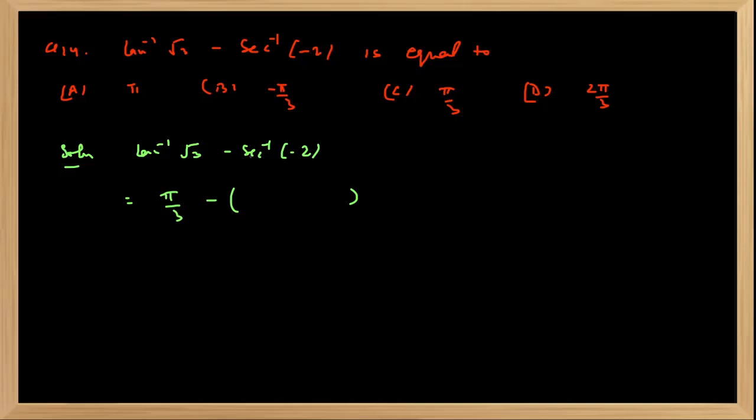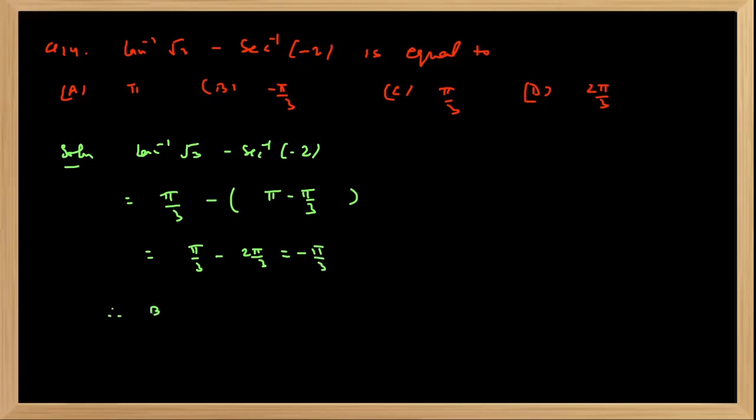So for sec minus 2, the cos is minus half, and taking between 0 to pi, it is in the second quadrant, pi minus pi by 3. So it is equal to pi by 3 minus 2 pi by 3, which equals minus pi by 3.